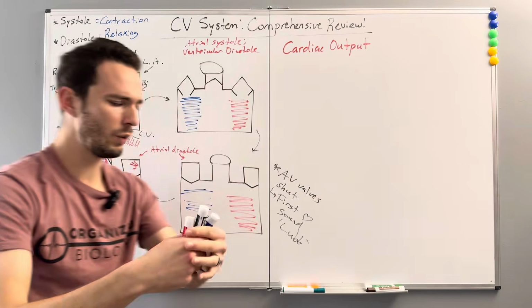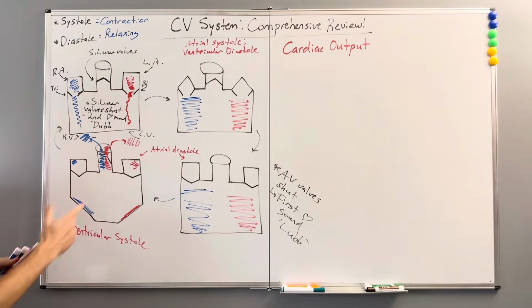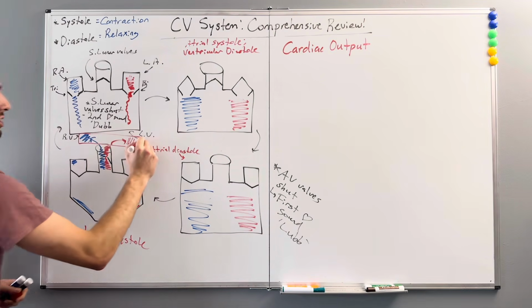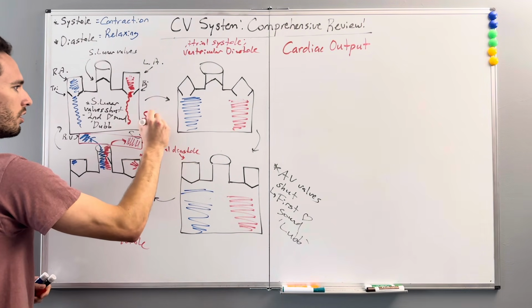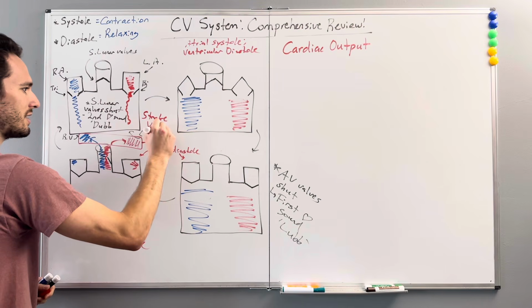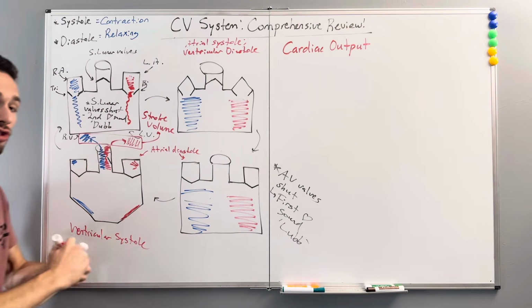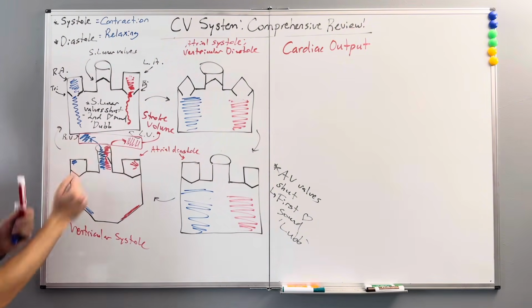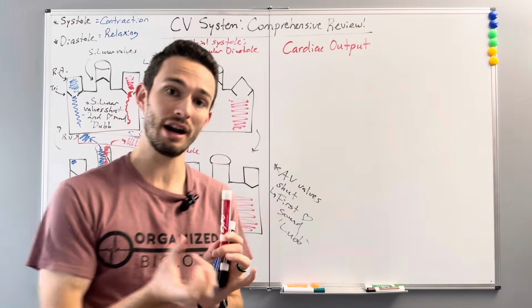Now that being said, we can extend this idea. Look at the blood that left the heart. This amount of blood that left the heart is something called stroke volume, which makes sense. The heart made a stroke, a contraction. The volume is how much blood left the heart in that contraction.